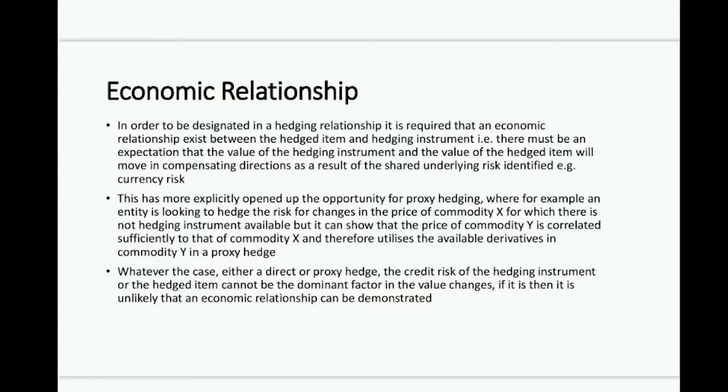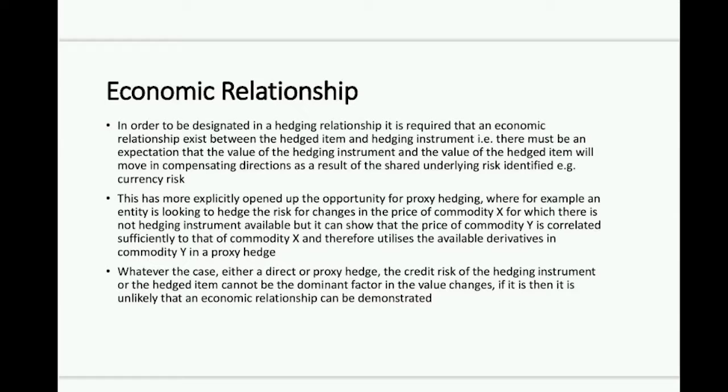So what you don't want is to have credit risk be a dominant factor in the fair value of either of those items, because if it is, it's now going to mute the effect of the actual risk which we're trying to mitigate, which is the price of coffee beans. So if the price of coffee beans is dominated by the credit risk of the counterparty in the transaction, then it's unlikely to be an effective hedge.